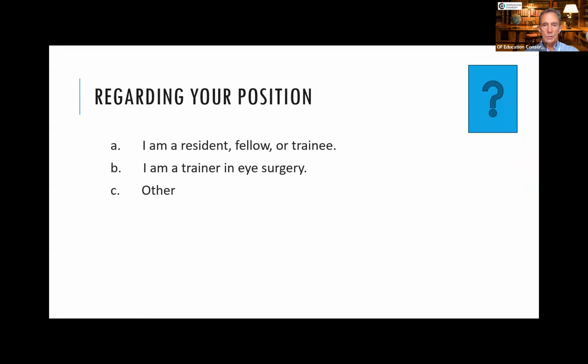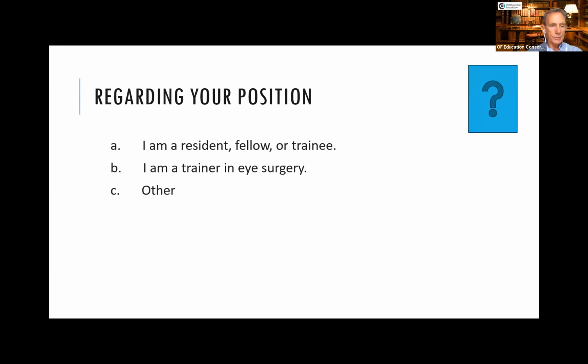So now I will start this poll. Go. So now I would like to know which is your position in the hospital or program you're in.